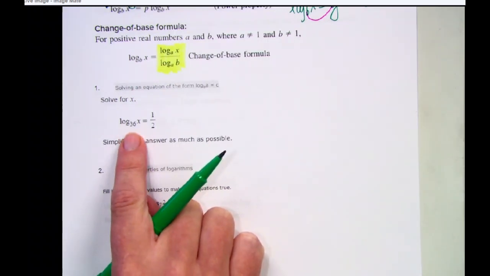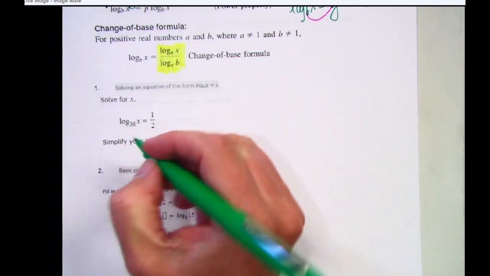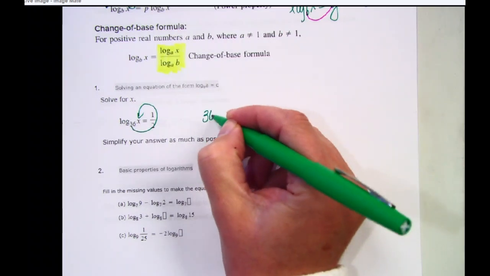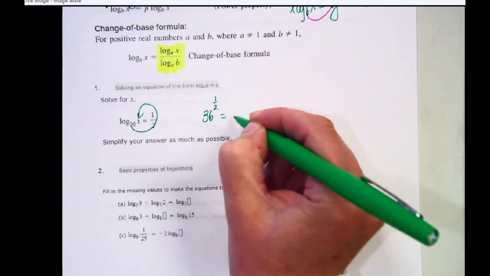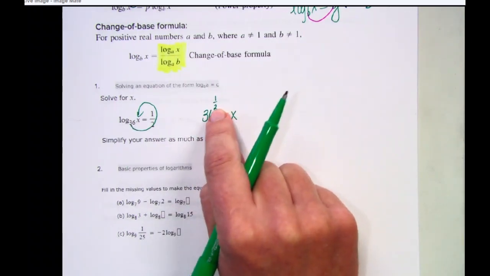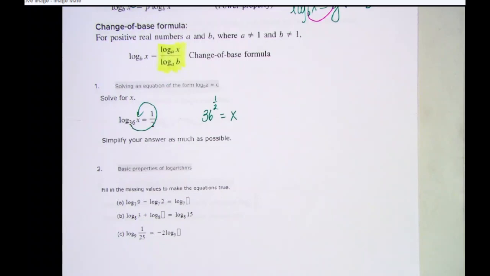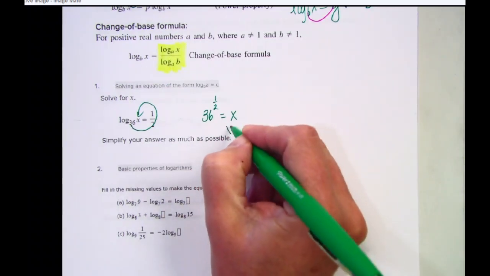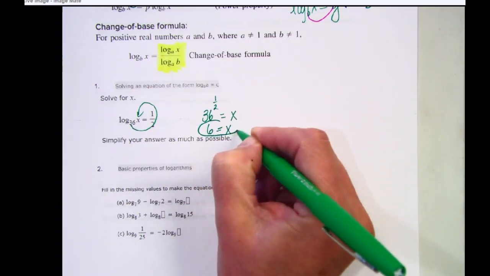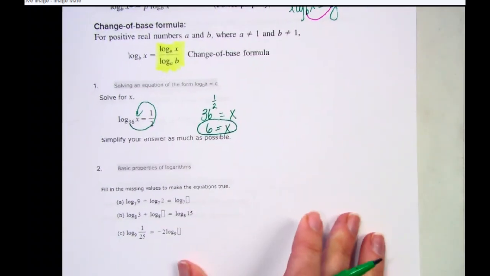So I see one logarithm, nothing to simplify, so I'm going to put it in exponential form. 36 raised to the 1/2 equals x. And all of a sudden this feels comfortable and familiar. This just means the square root of 36, which is 6. Simplify your answer as much as possible; that feels pretty simplified.